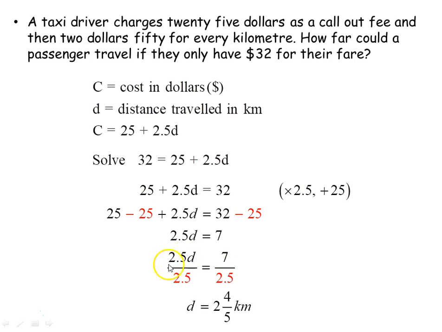Now on the left here, 2.5 divided by 2.5 is 1, cancels out, leaving us with the pronumeral D. On the right hand side, 7 divided by 2.5, converted to a mixed number, will give us the distance equal to 2 4/5 kilometres. So this passenger can only travel 2 4/5 kilometres, 2.8 kilometres.